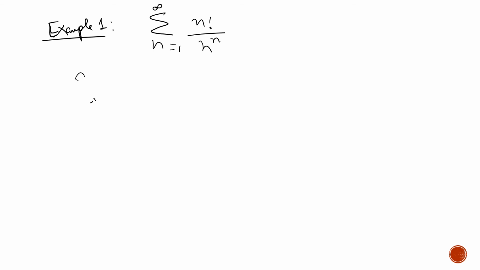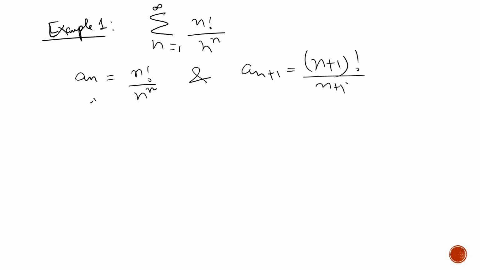So I'll write a n is equal to this, I can see that the nth term is this, and if I find a n plus 1, this will be n plus 1 factorial divided by n plus 1 to the power n plus 1. Now I'll take the ratio, that is a n plus 1 divided by a n.